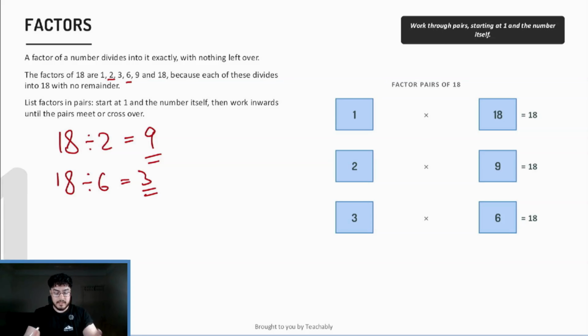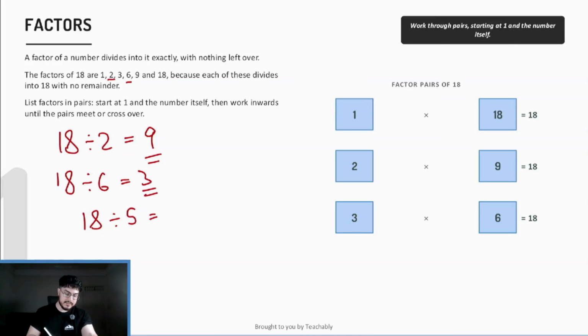What would an example of a non-factor of 18 be? Well, let's divide 18 by 5. How many times does 5 go into 18? It goes once, then twice because 5, 10, 15, and then you're going to overshoot to 20.